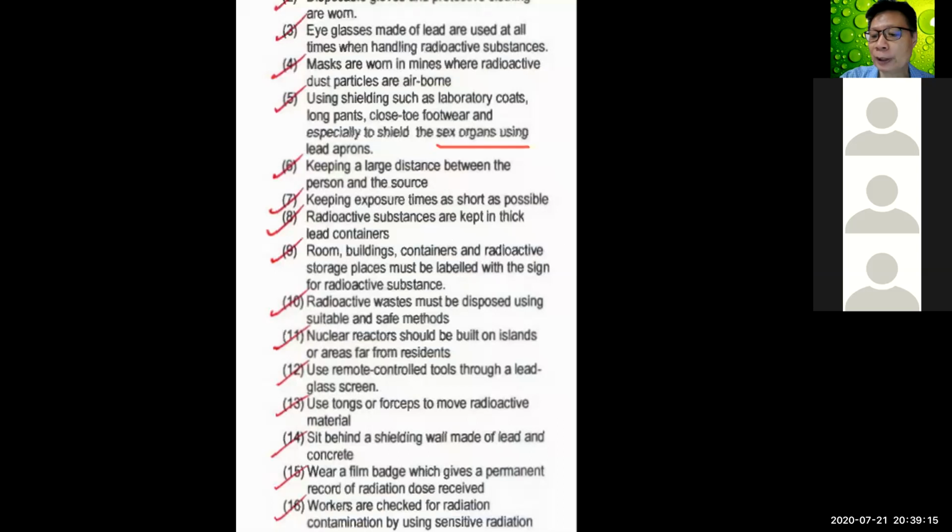Can someone please describe to me what is the symbol for radioactive? In the place where you are using radiation, you must put up the signboard. What does the radioactive signboard look like? Isna, do you know or not? Can you describe the shape?